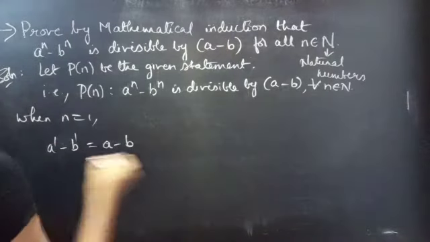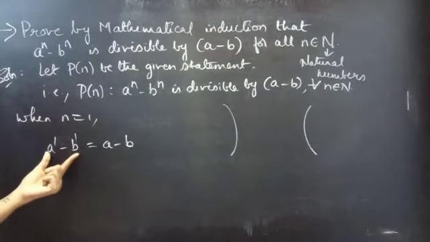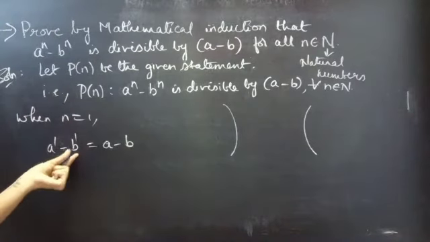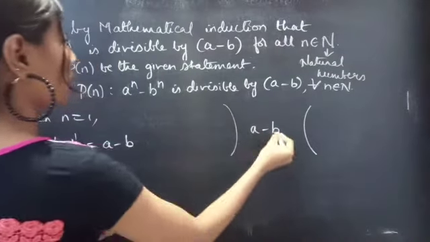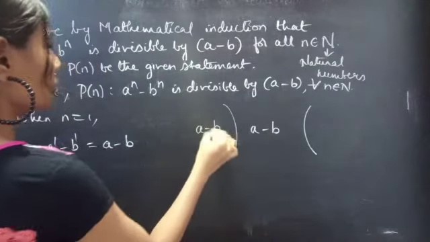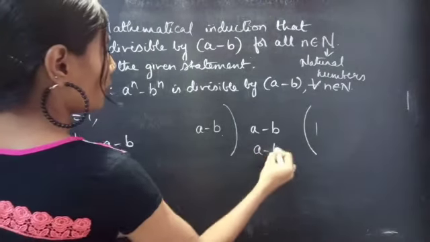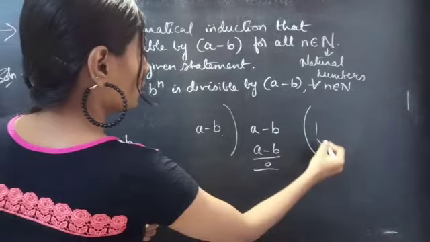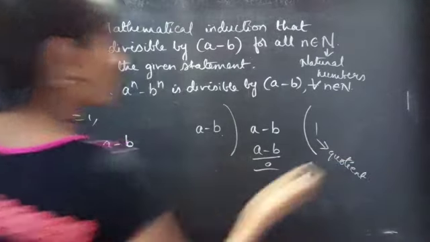So here our dividend is a^1 minus b^1, which is a minus b. We'll check whether a minus b is divisible by a minus b or not. Obviously a minus b is 1 times a minus b. Here 1 is a quotient.